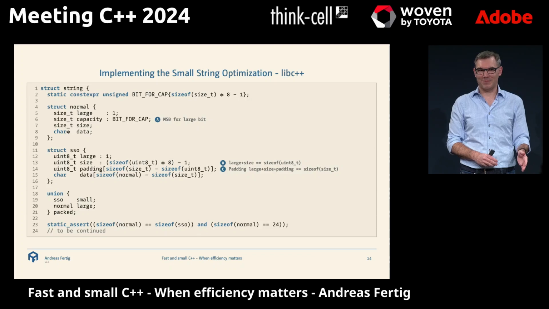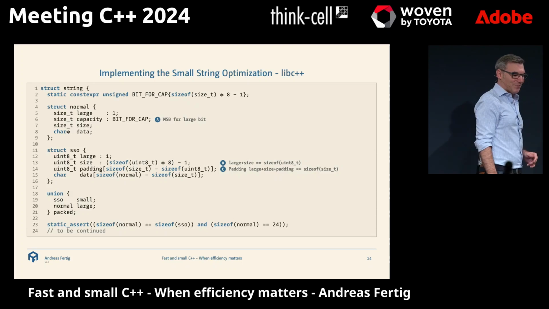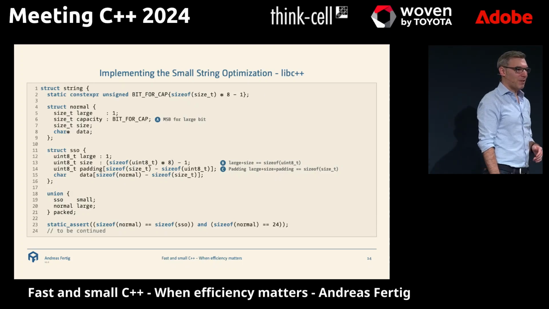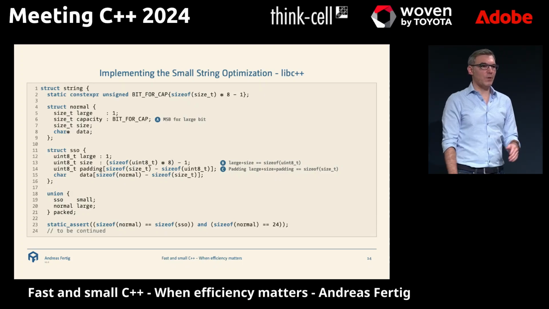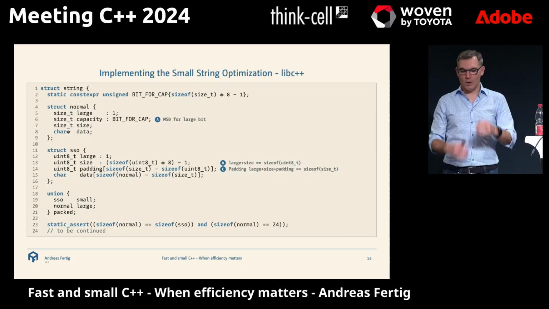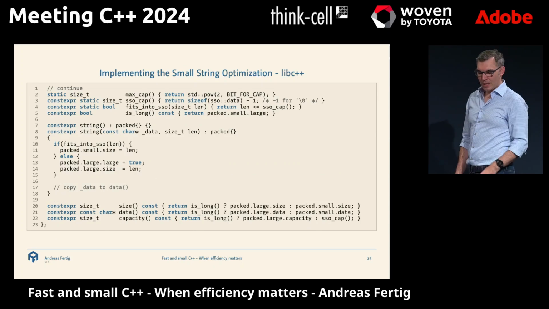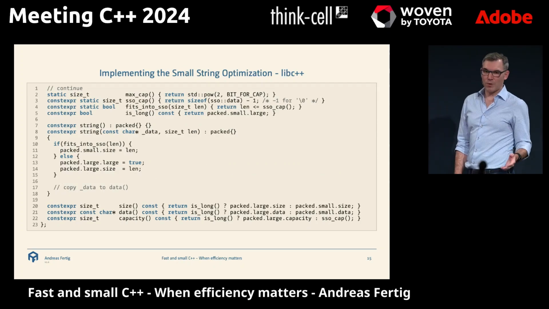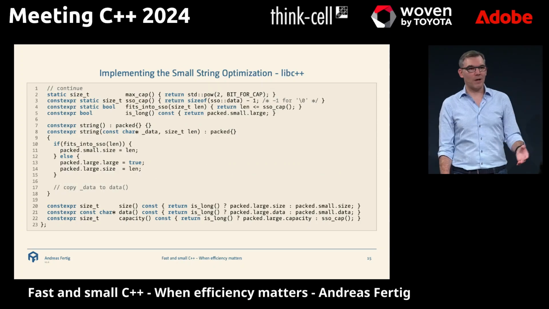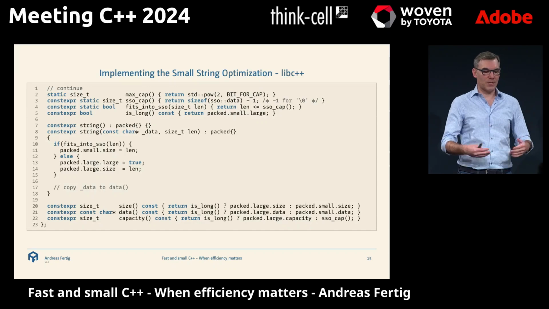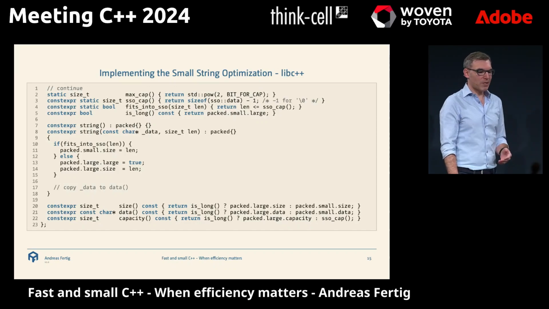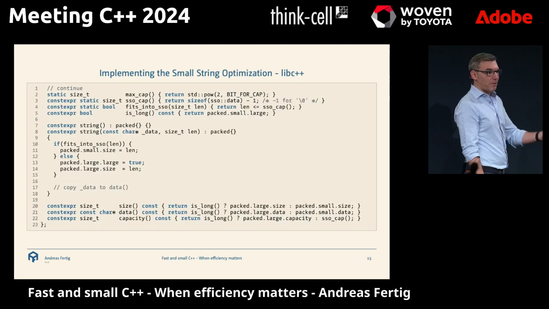Awesome. It's twice the amount the others had. However, we might have to pay for that, right? So they pack everything in a union where they say either small or large is active, easy thing. And then we have the max capacity. That one now is reduced to the power of 2 of the bit capacity, so your size_t's bits minus 1. We have SSO capacity, that's now, as I said, 15 bytes.